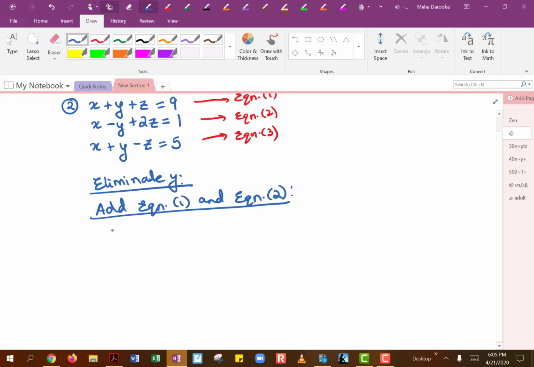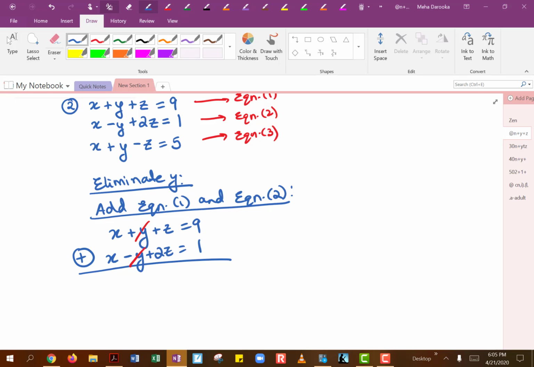So that will give us x plus y plus z equals 9, and x minus y plus 2z equals 1. When we add these two equations, the positive y and the negative y will cancel each other out. When we add the remaining terms, we get 2x plus 3z equals 10.